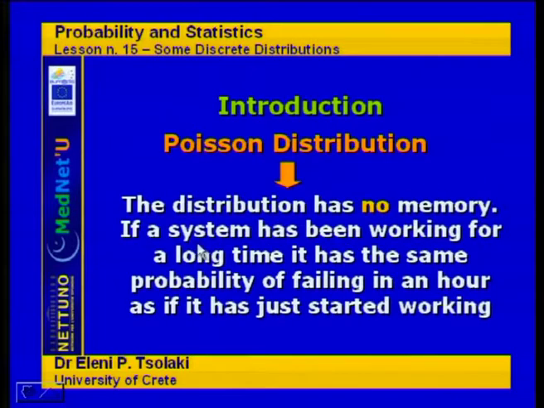Also, the Poisson distribution has a very important property. It has no memory. So, if a system has been working for a long time, it has the same probability of failing in an hour as if it just started working.